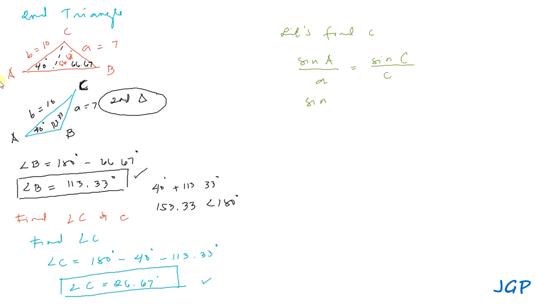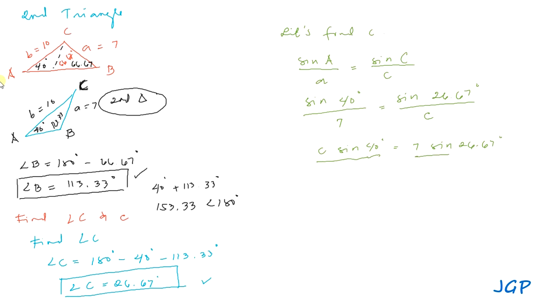So, let's substitute: sine 40 degrees over 7 is equal to sine 26.67 degrees over C. Let's cross multiply. We have C sine 40 degrees is equal to 7 sine 26.67 degrees.